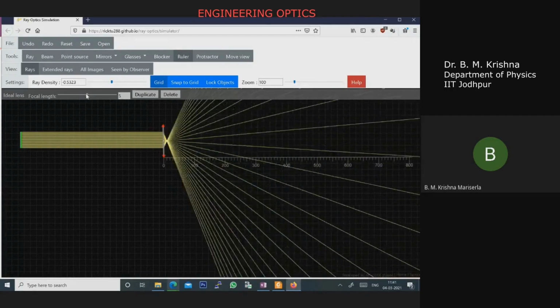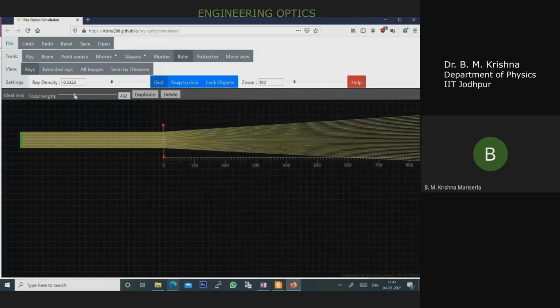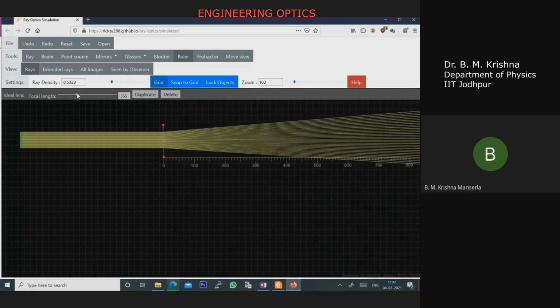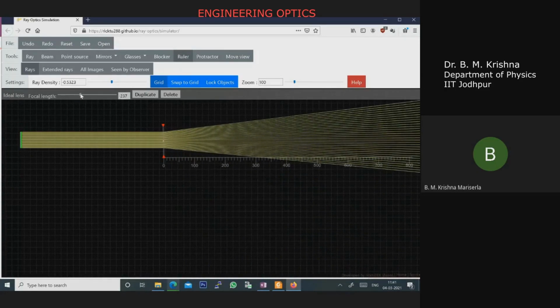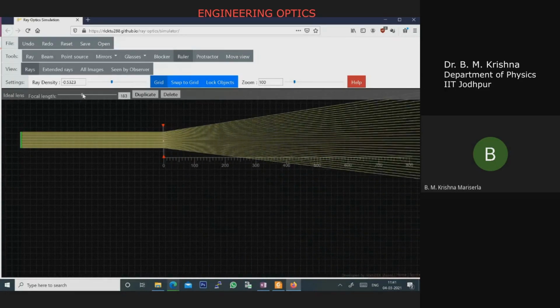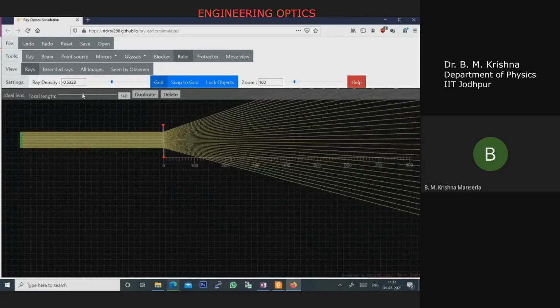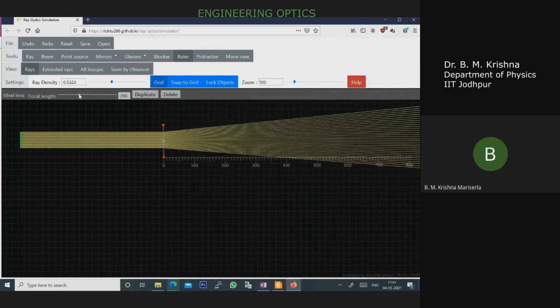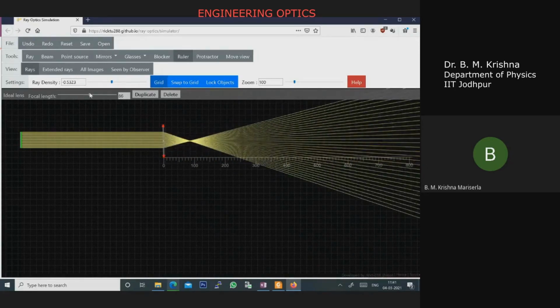When it is concave, it will diverge the beam. If you see, it's a negative lens, and your beam is diverging. As you increase the negative, it acts as a diverging lens. Now if it's a positive lens, that means a convex lens, the focal length is positive.